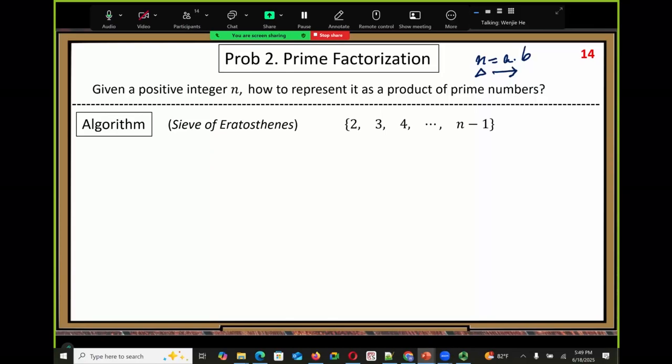So N is known, A and B are unknown. From known to unknown, it's a decomposition process. And this decomposition process is relatively hard. Why? A is unknown, B is unknown.